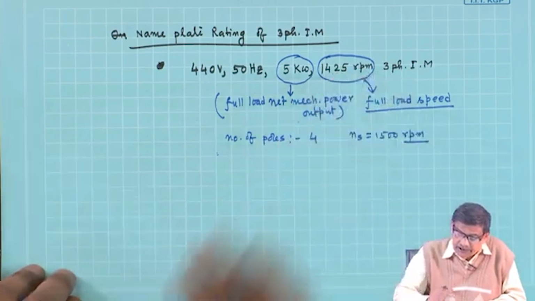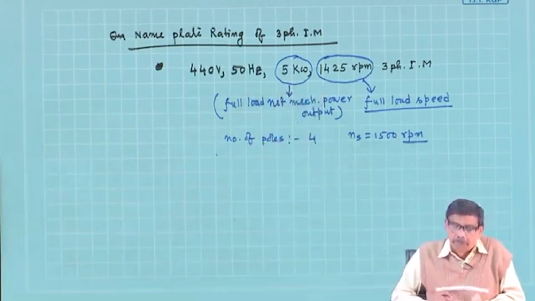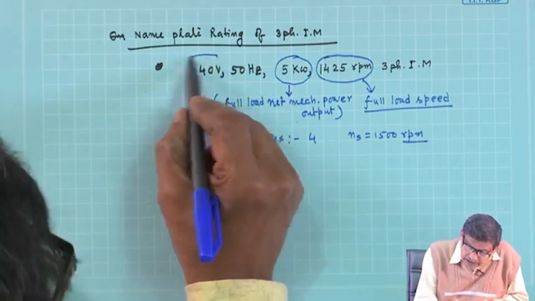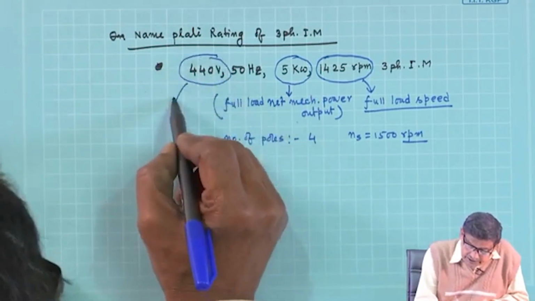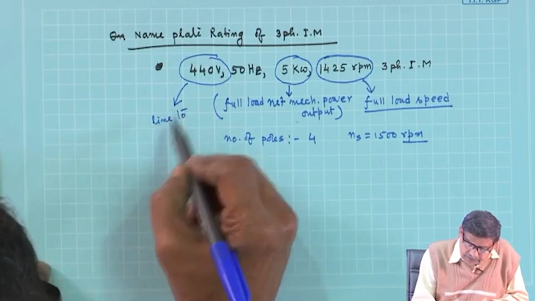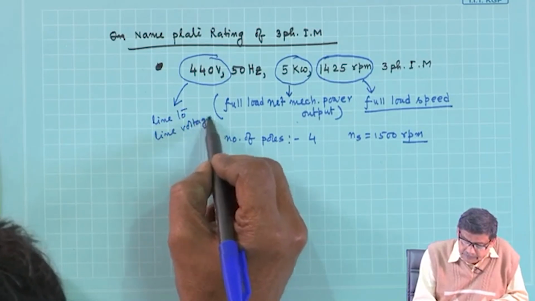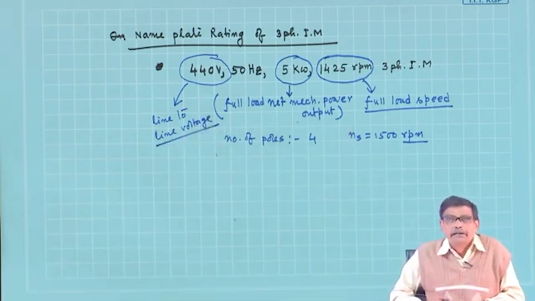So this I can find out, and 5 kilowatt is the net mechanical power output, and this voltage is the line to line voltage, always line to line voltage. These are the things which will be mentioned.